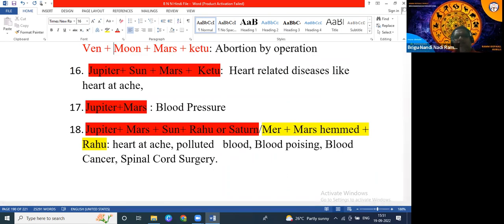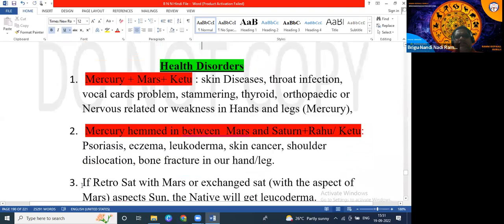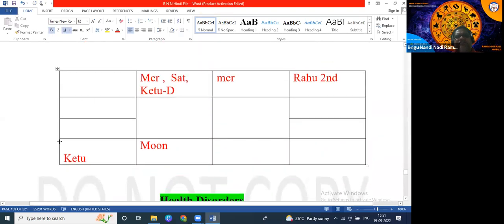Or Mercury, Mars embedded in between Mercury, Rahu: blood, heart attack, polluted blood, blood poisoning, blood cancer, spinal cord surgery, major health problem. Suppose let us discuss in the horoscope.